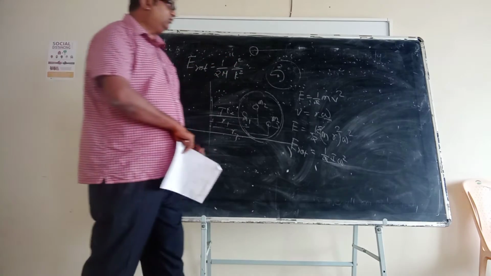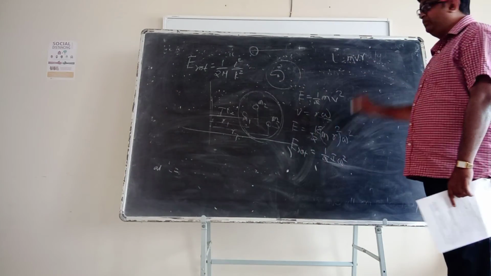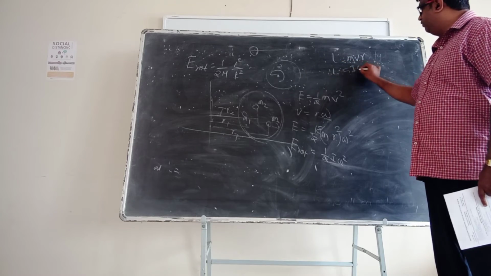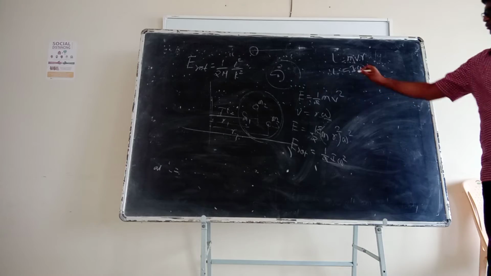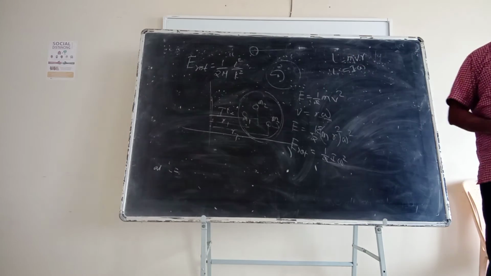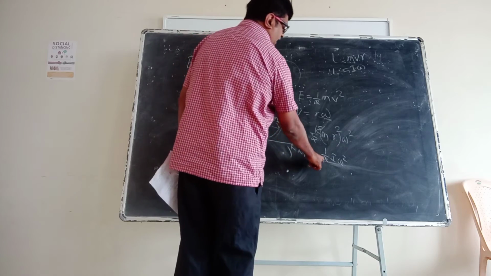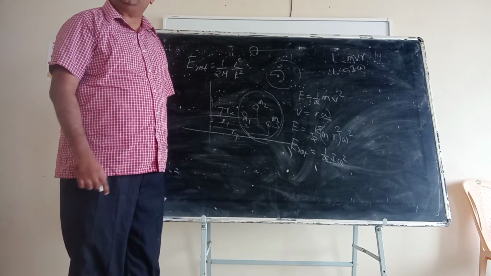Right? L has got 2 formulas. One is mvr, moment of momentum. Another equation is L is equal to I omega. Right? So you have to bring L into this expression. How? You have E rotational is equal to half I omega square. Can I multiply numerator and denominator by I?